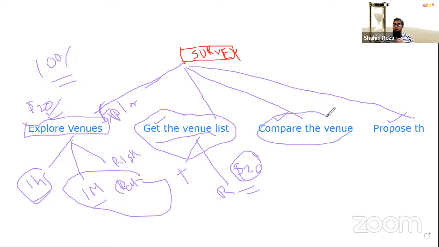Similarly, for this task, we can get the time, the resource, and also the dollar value. So, for example, it will take 1 hour. This will take maybe 30 minutes. This will take maybe another 1 hour, and propose that maybe takes 15 minutes. So we can easily say how much time we need for doing this survey.